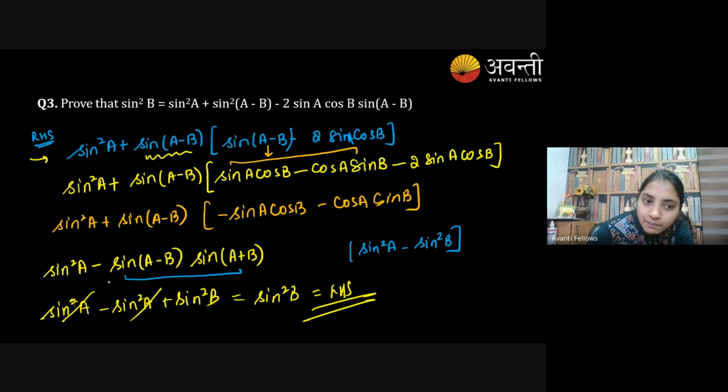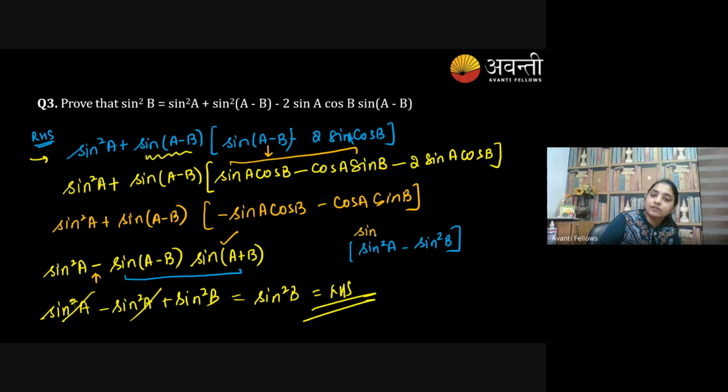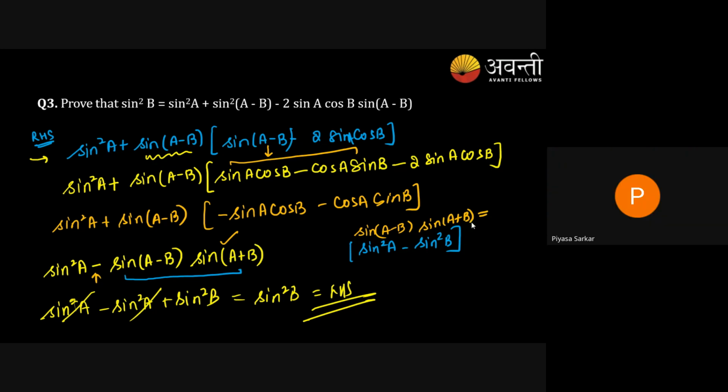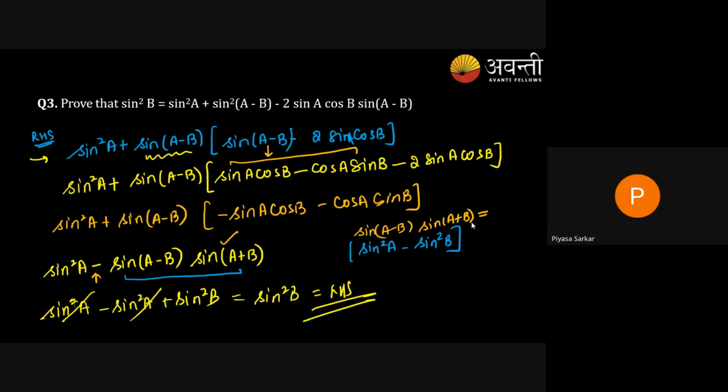Minus is taken as common, so sine a cos b plus cos a sine b is the formula of sine a plus b. So I've just used the special formula that whenever I have sine a minus b into sine a plus b, that must be equal to sine square a minus sine square b. So simply I applied that formula. Okay, clear?